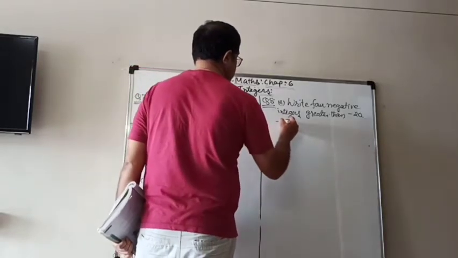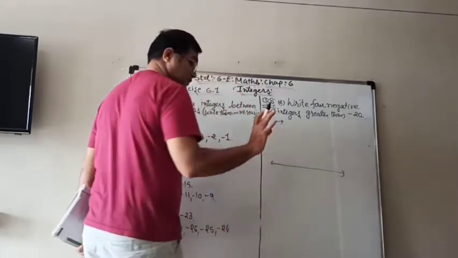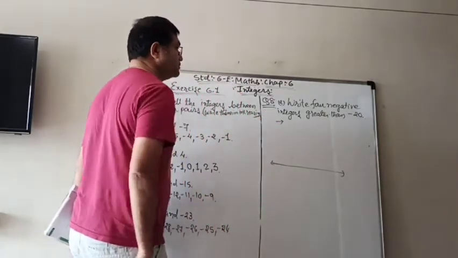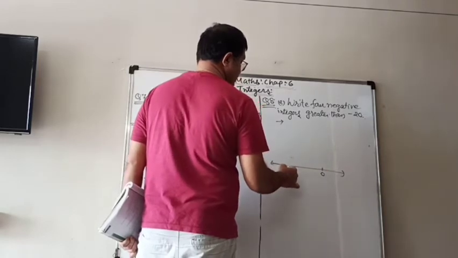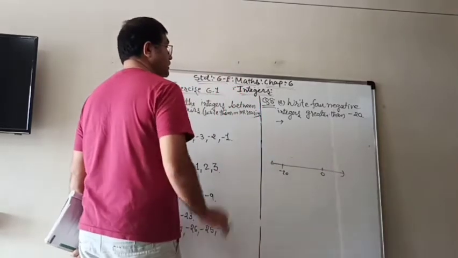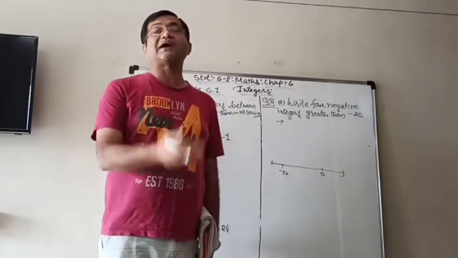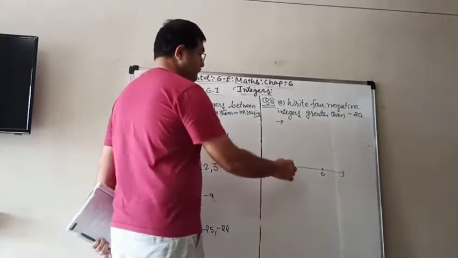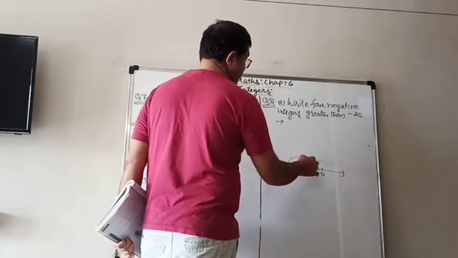So we have to write down. If you get confused, go on the number line. That is the better way. Here is 0, here it will be minus 20. Now we have to write down greater than. Greater than all must be on the right side. So here from minus 19 to minus 1 you can choose any 4 numbers.